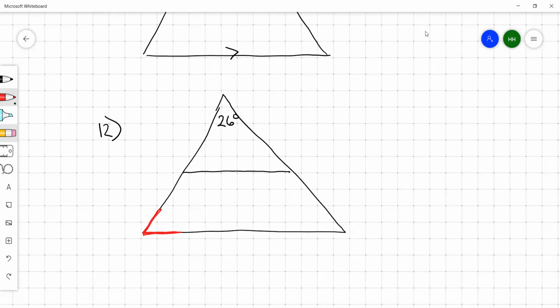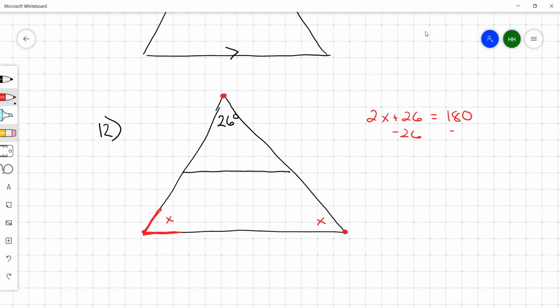Do you see the big triangle around the outside? They said that it's an isosceles triangle. So this vertex angle is 26 and these two base angles are congruent to each other. So you've got 2x plus 26 equals 180.